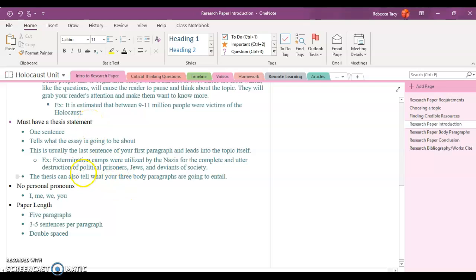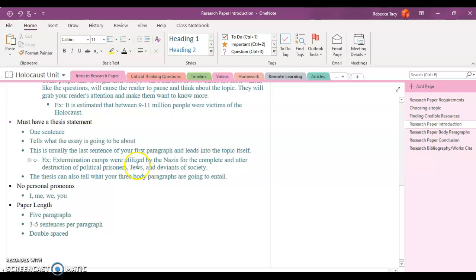This is an example I put on there: Extermination camps were utilized by the Nazis for the complete and utter destruction of political prisoners, Jews, and deviants of society. That's the thesis statement that I created. My thesis statement tells what my 3 body paragraphs are going to be about. So I've kind of outlined it already. My first paragraph would be about political prisoners.